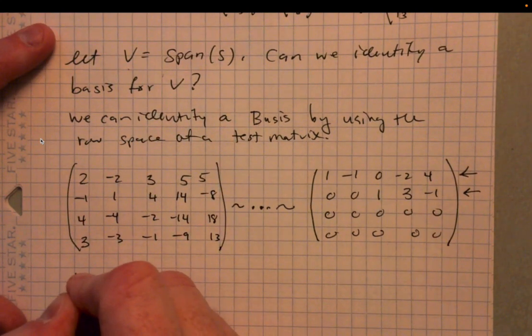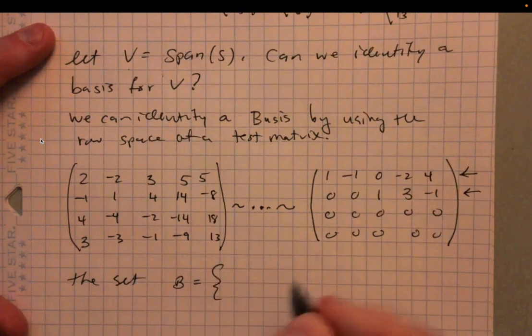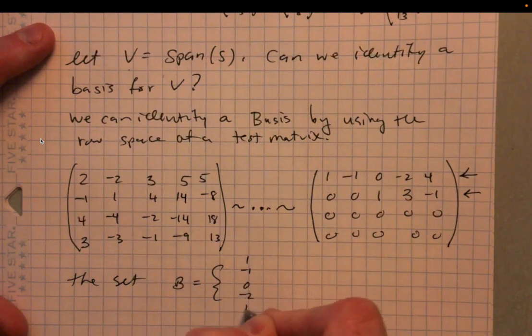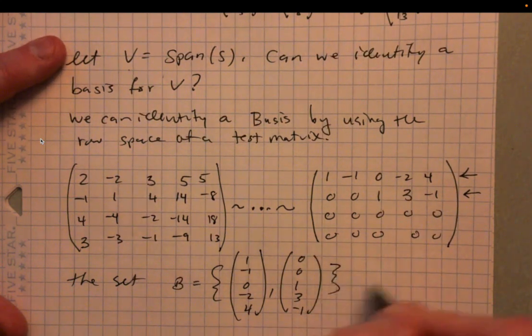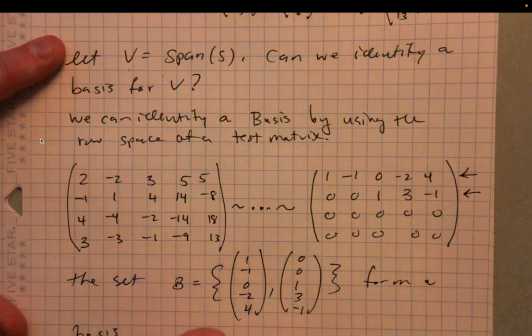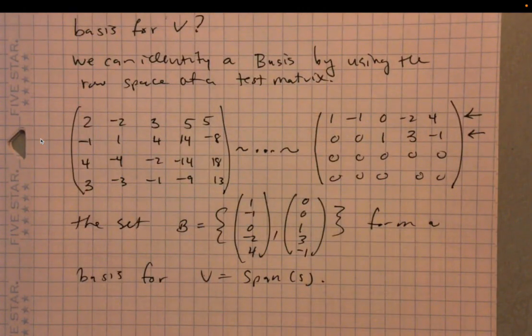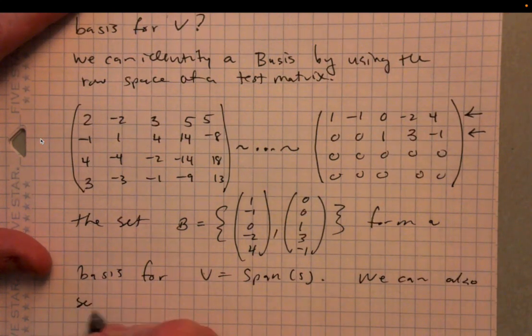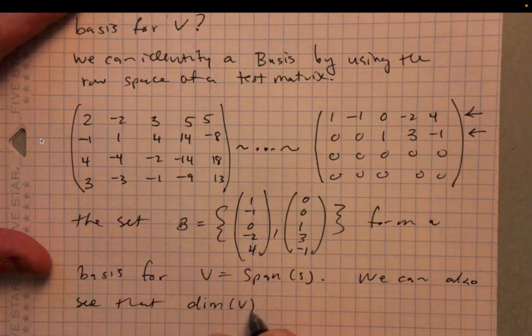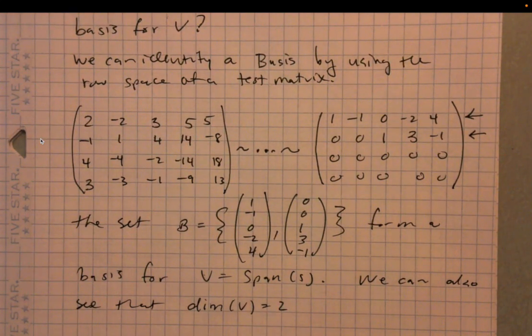So the set B equal to (1, -1, 0, -2, 4) and (0, 0, 1, 3, -1) forms a basis for V equal to the span of S. We can see that V has dimension 2, because we found a basis for V with 2 vectors in it, and all bases have the same number of elements.